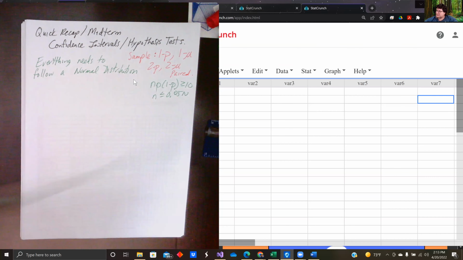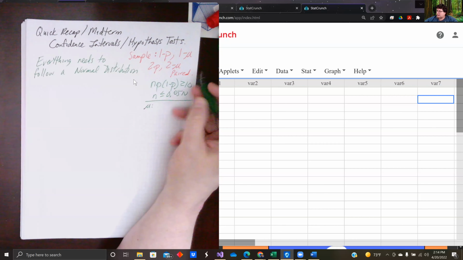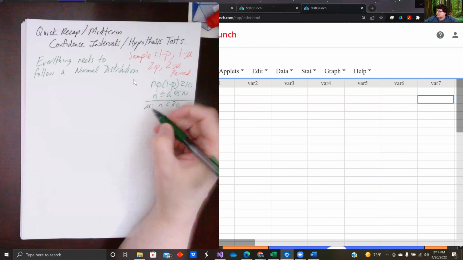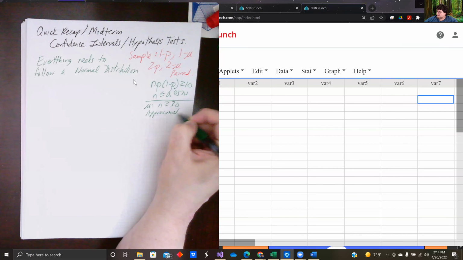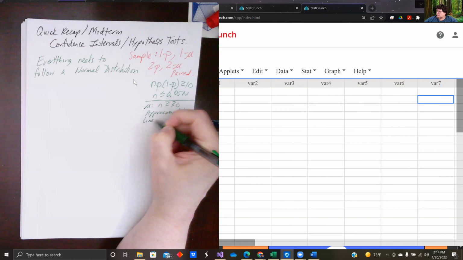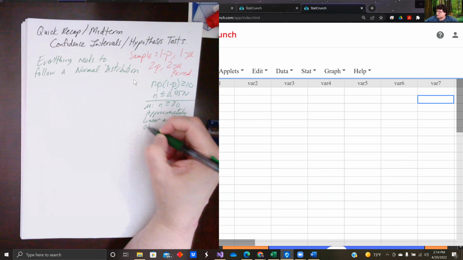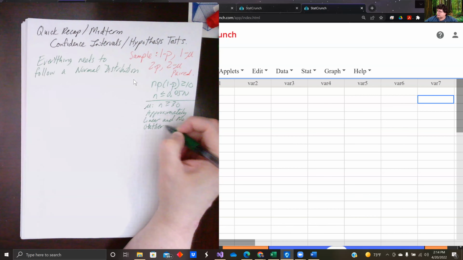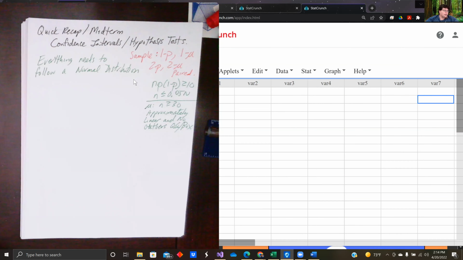That was for proportion tests. For the mean, we wanted n to be greater than or equal to 30 or approximately linear, and no outliers. That's where we would go through and do our QQ plot and box plot. Those were our ways of making sure we had a normal distribution.